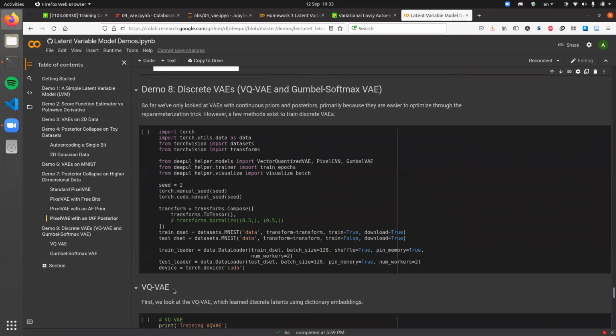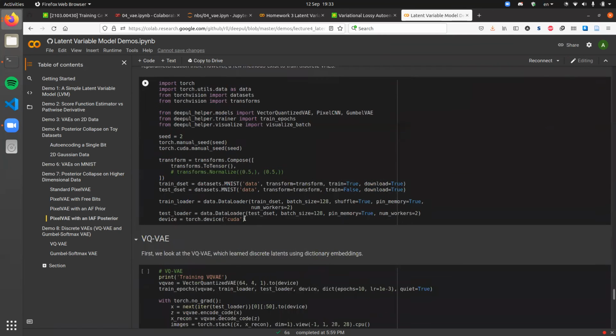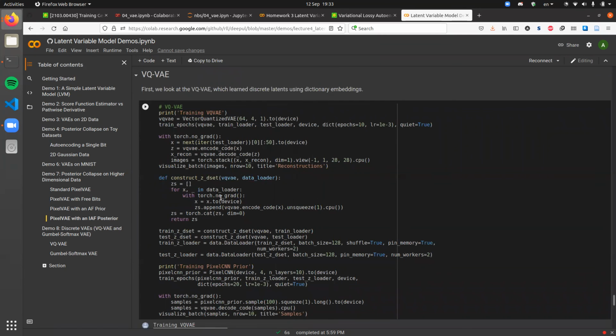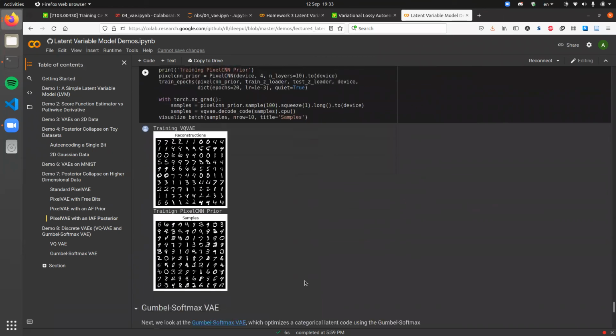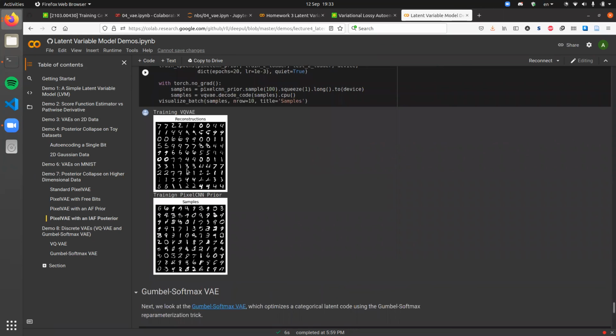enough with it. So VQVAE here, we considered it in detail before, so we can move on. And yeah, you can check out the results they have with it. And again, the reconstructions are really good, just as well as what I had.